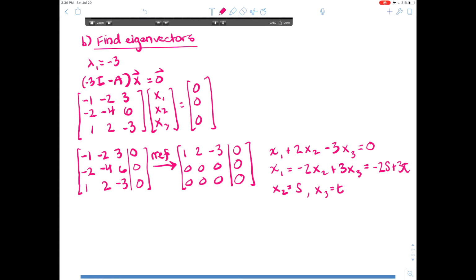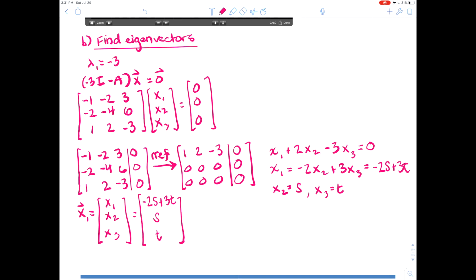And so our first eigenvector, or eigenspace corresponding to the eigenvalue lambda 1 equals -3, will be, so we have our x1, x2, and x3, but that's equal to -2s plus 3t, s and t.